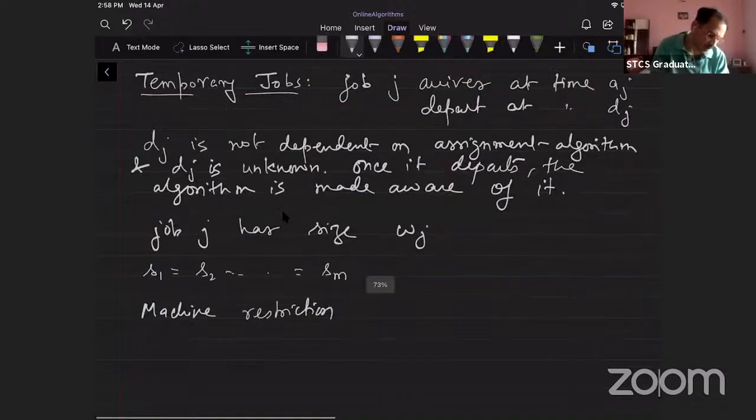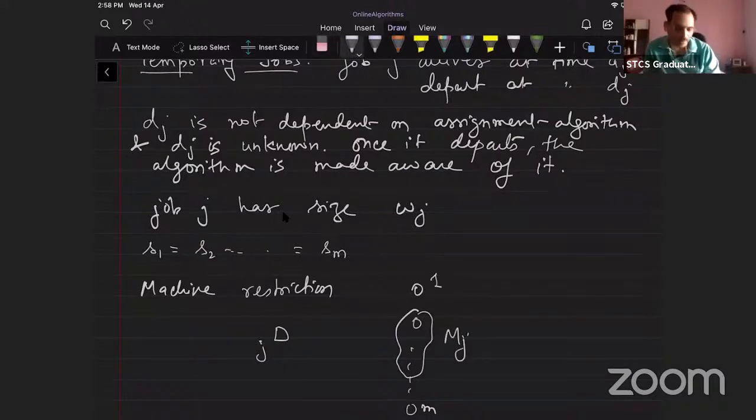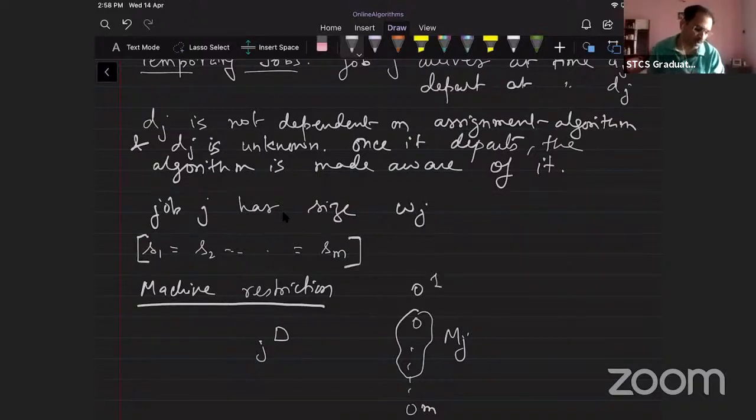For a job j, among the set of machines 1 through m, there is only a subset which can process it, defined by Mj. Whenever a job j arrives, it can only be assigned to a machine in subset Mj, which is not necessarily the full set. So that's the extra machine restriction. Speed of all machines is equal to 1. And jobs are temporary. That's the difference from the previous model.